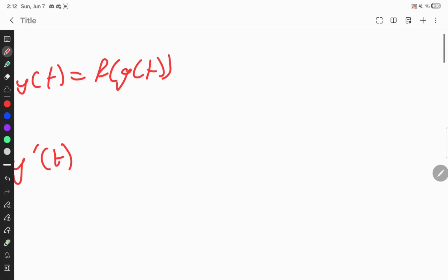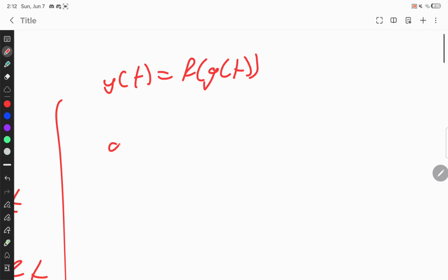What does it even mean to find dy dt of this? We do not know how to take the derivative of a composite function. Do not worry. I will tell you how.